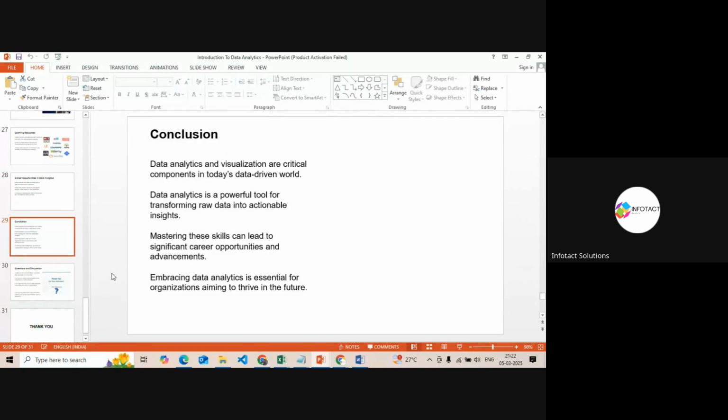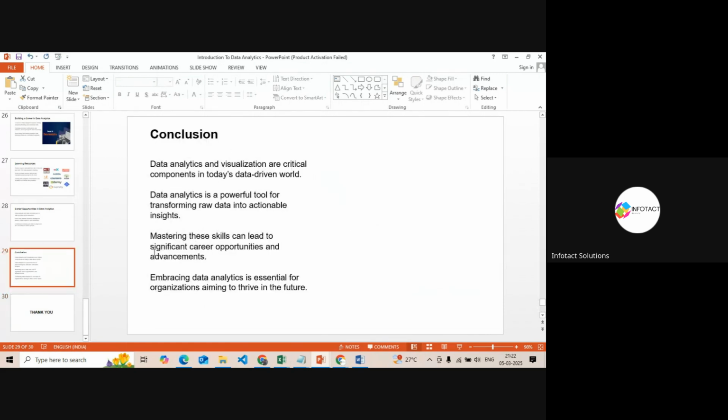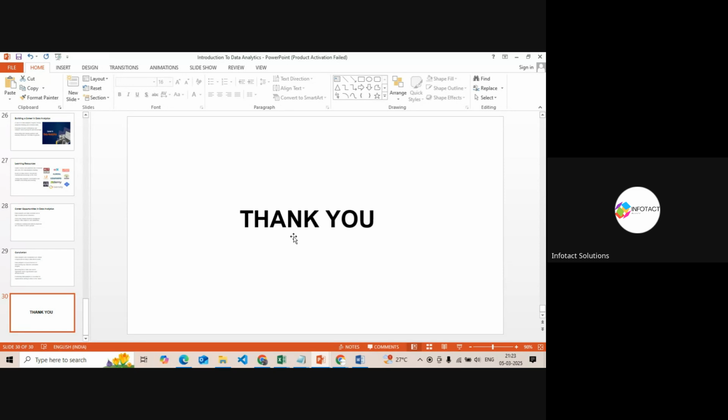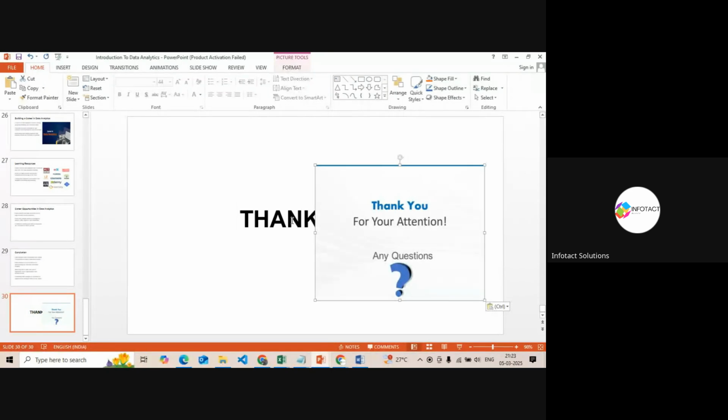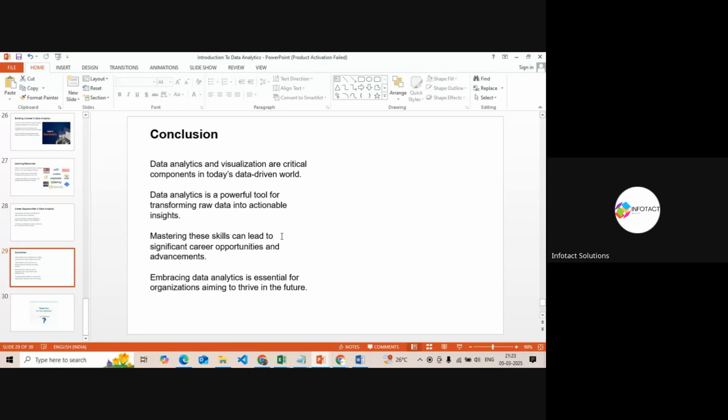Then in conclusion, we found that data analytics and visualization are critical components in today's data-driven world.